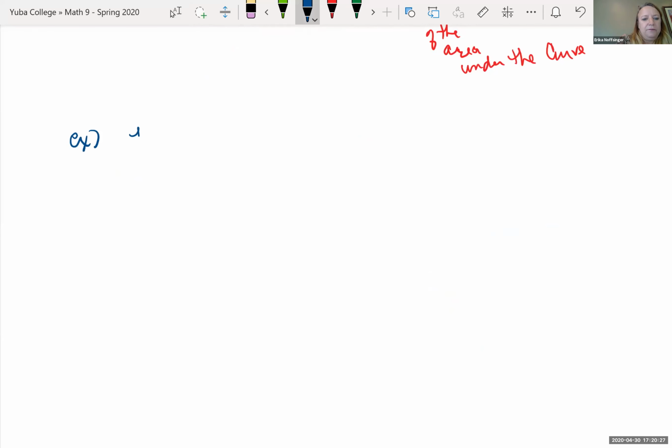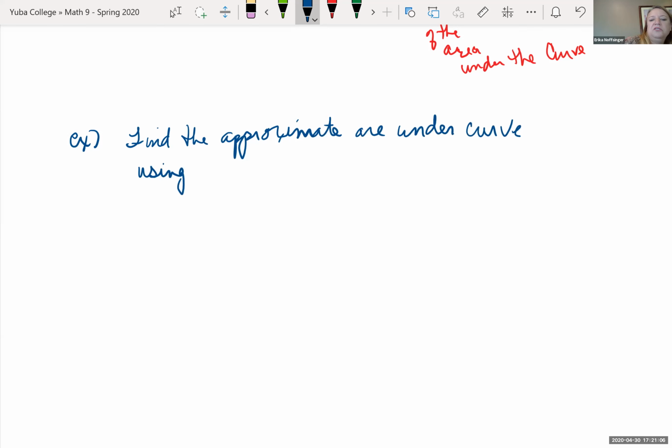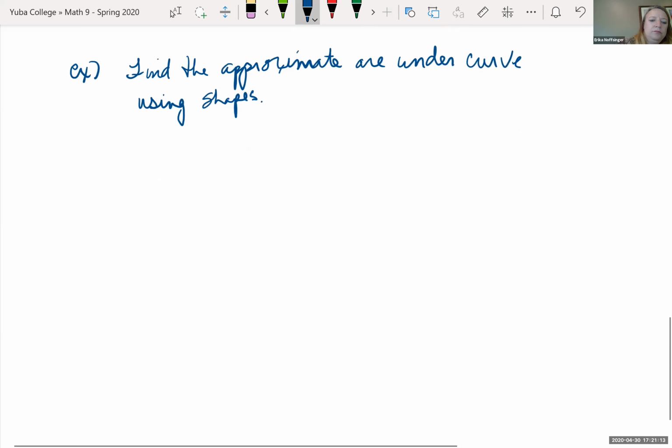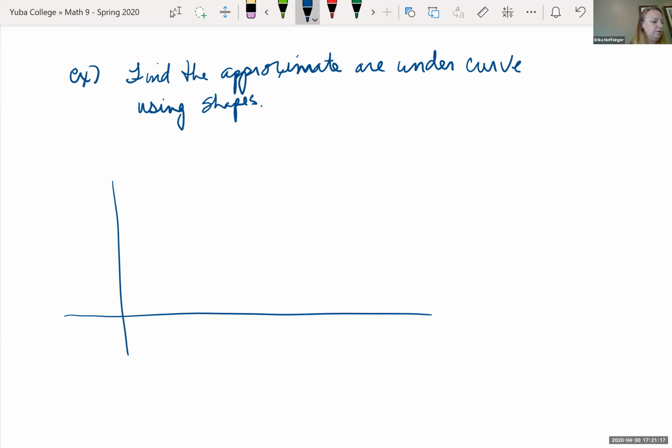So let's find the area, or estimate, find the approximate area under the curve using shapes.